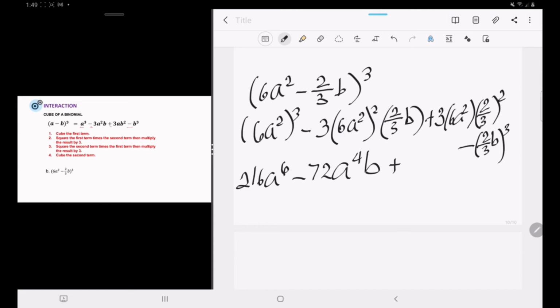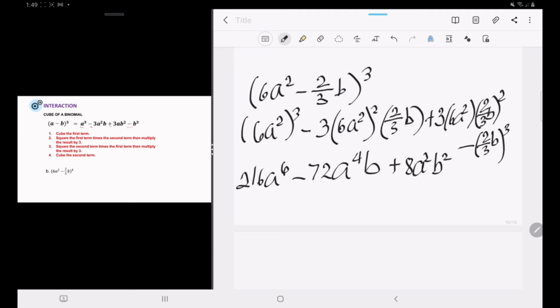And then the third term is 3 times 6a squared times 2 over 3 b squared, and that's plus 8a squared b squared.